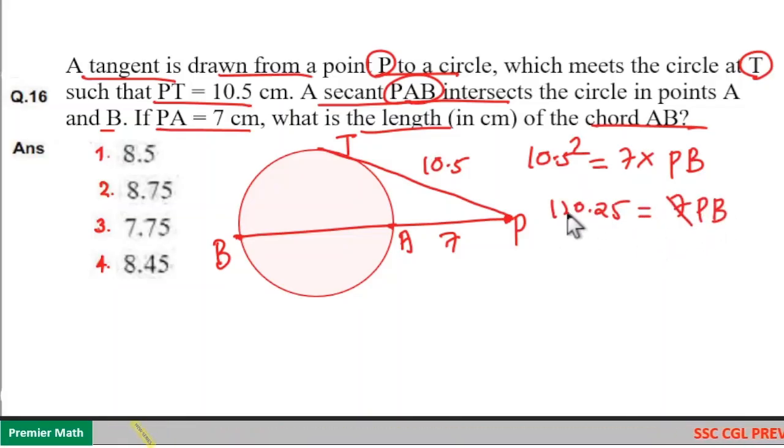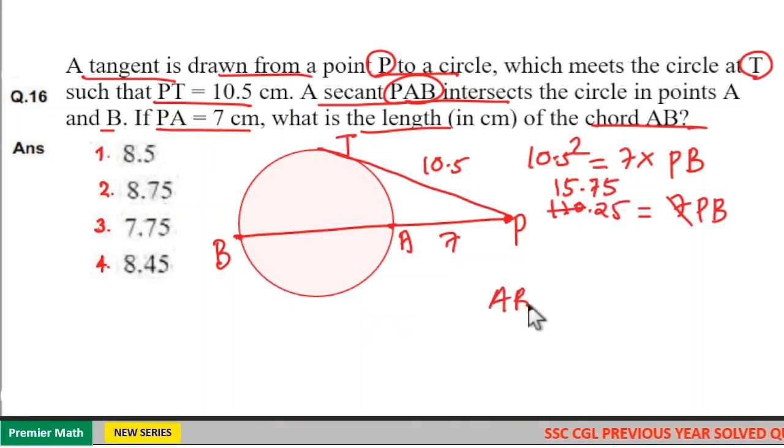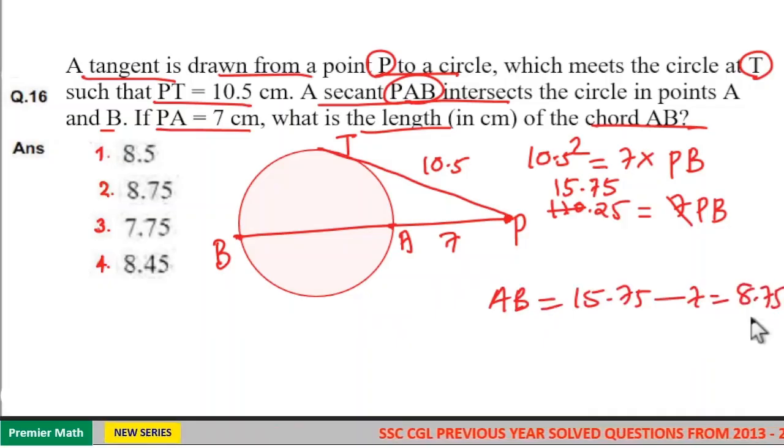Now 7 goes 1 time in 11, remaining 4, 7 goes 5 times in 40, remaining 5, 7 goes 7 times in 52, remaining 3, 7 goes 5 times in 35. So PB is 15.75. Then AB is equal to 15.75 minus 7, which is 8.75. So option 2 is your answer.